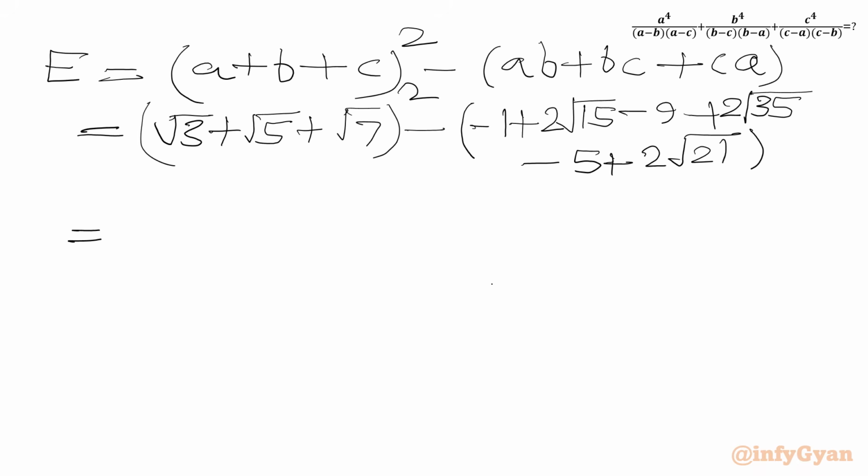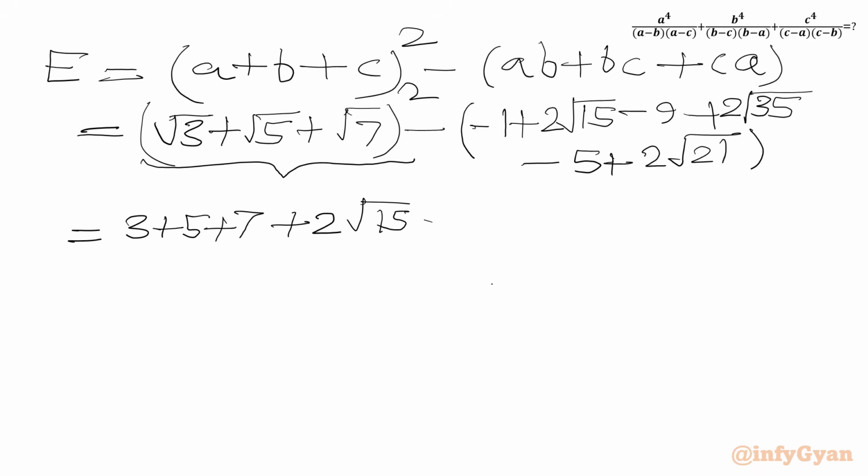Let's use the (A + B + C) whole square identity here. So we will get a square is 3, b square is 5, c square is 7, plus 2 times ab. So 3 times 5 is 15, so 2 root 15, plus 2 times bc, we'll write 2 square root 35, plus 2 times ca, we'll write 2 times the square root of 21.